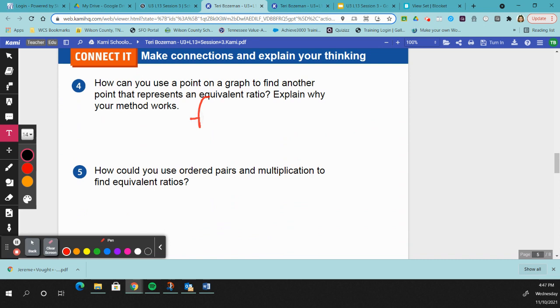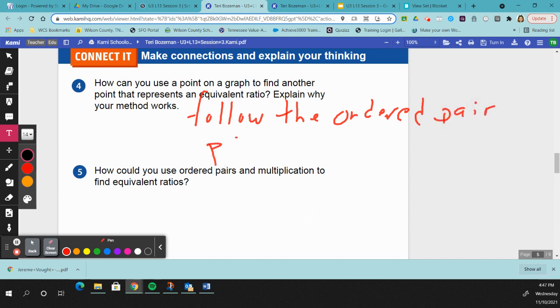You would follow the ordered pair pattern. For example, our thing was 3, 2, right? Over 3, up 2, because our original ordered pair was 3, 2.